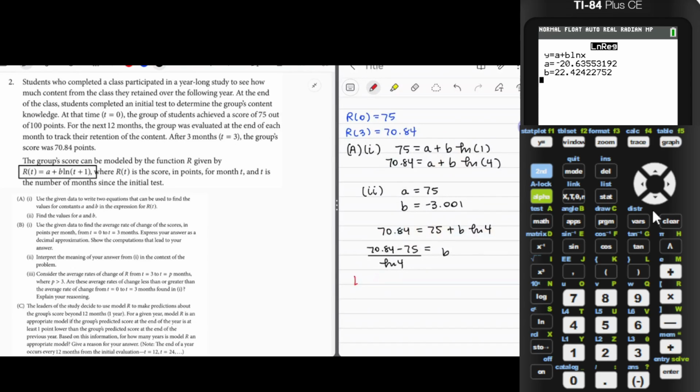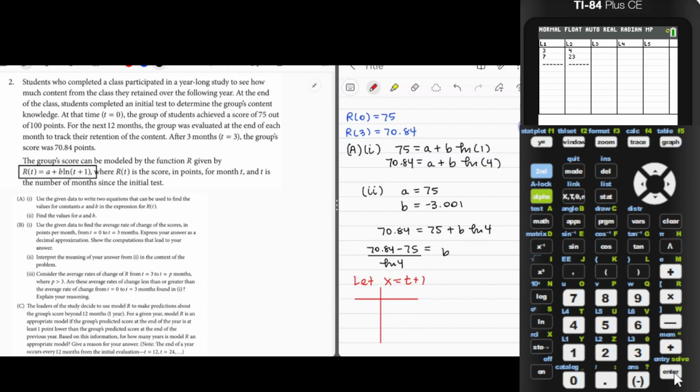Let x equal t plus 1. I'm going to need to change my lists: x equals t plus 1, and then r of x. So when t equals 0, x equals 1, and r equals 75. And when t equals 3, x equals 4, and r equals 70.84.